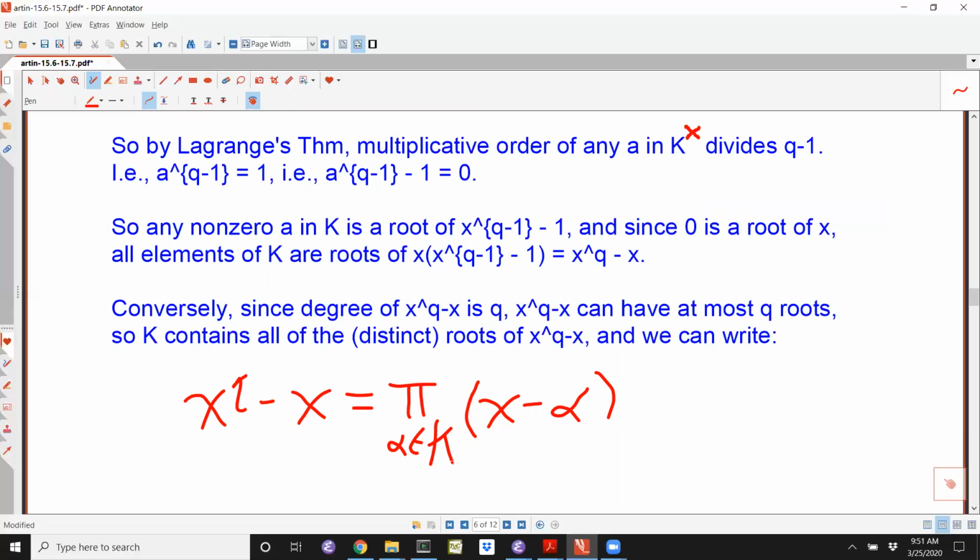I think that's a really cool formula. So given any finite field K of order q, the polynomial x to the q minus x factors in K as the product of all possible linear factors x minus alpha.